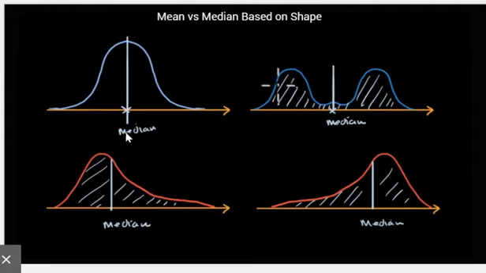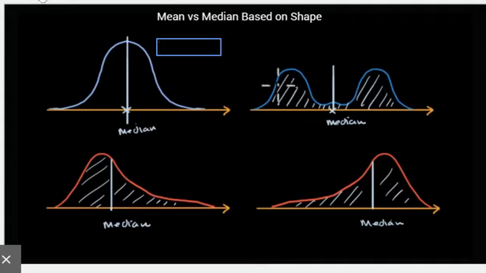So how do the mean and the median relate to each other when we have symmetric distributions, whether or not it looks like a bell-shaped or something different? As long as it's symmetric, the mean and the median are equal to each other.